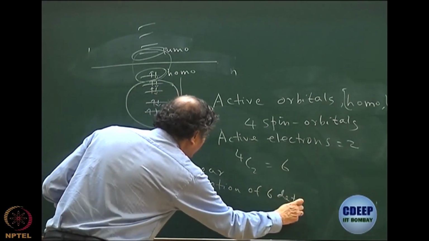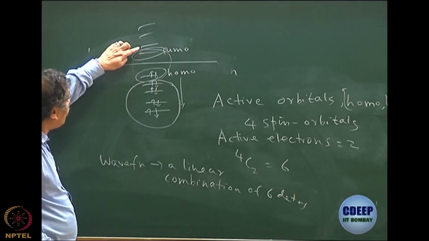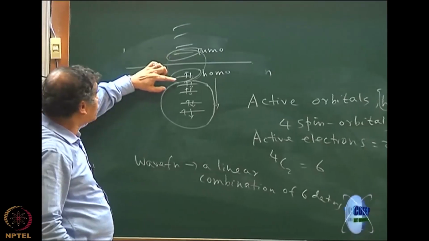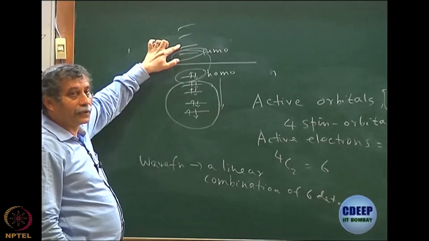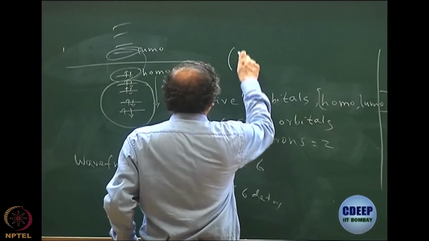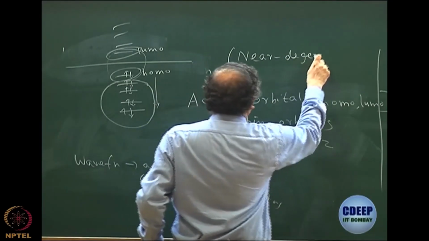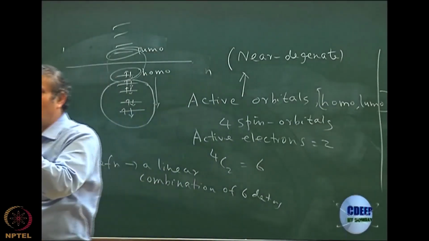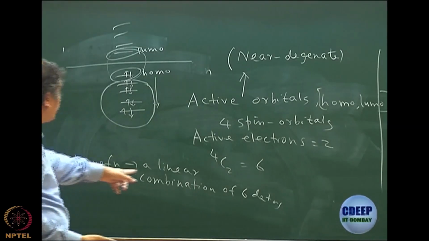By first choosing the active orbitals. Remember, if I say this LUMO plus 1 is also very close to LUMO, then I can expand my active orbitals as HOMO, LUMO, LUMO plus 1. So active orbitals are essentially orbitals which are near degenerate or quasi-degenerate. So look at the degeneracy within the HOMO, within the LUMO, and between HOMO and LUMO, and choose the active orbitals.